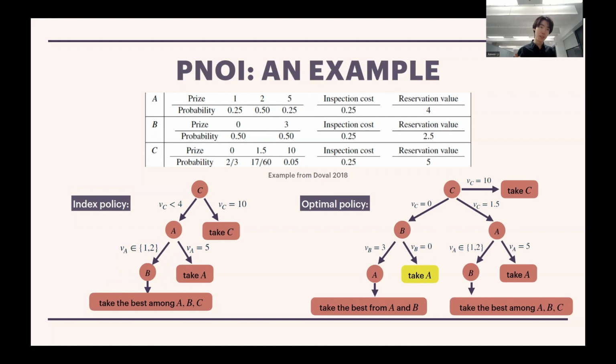So it means the optimal policy can have some complicated structure, right? In the classical policy, you have a fixed order to try those boxes. But for the POI, there's no fixed order, so you cannot define a simple index for it. In this case, you first open box C, and depending on what you get from box C, you may first pick box B or first pick box A. You can pause and check this example. It will make sense.